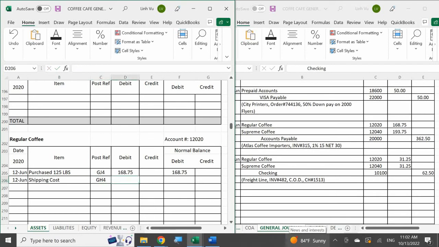My shipping for the 125 pounds of regular coffee was $31.25. So how much is my account balance in my regular coffee? $200. Good.